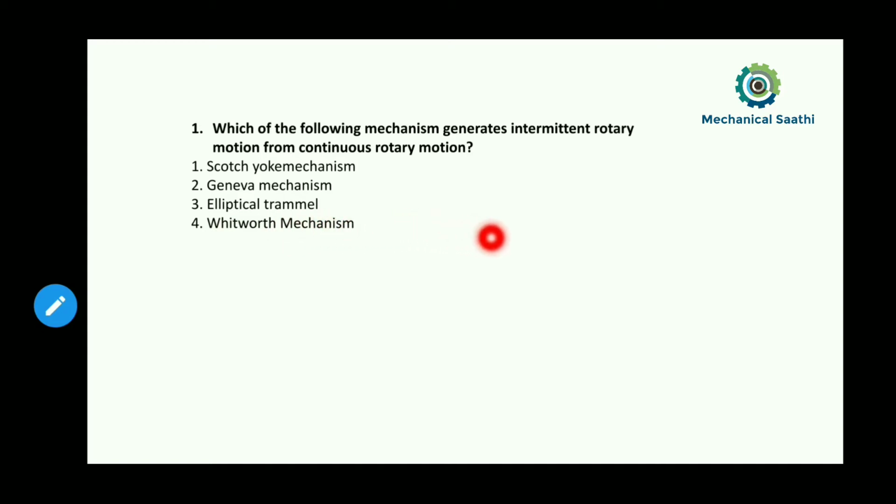From all these four options, the Geneva mechanism transfers a continuous rotary motion into an intermittent rotary motion. So option 2 is the correct answer, that is the Geneva mechanism.